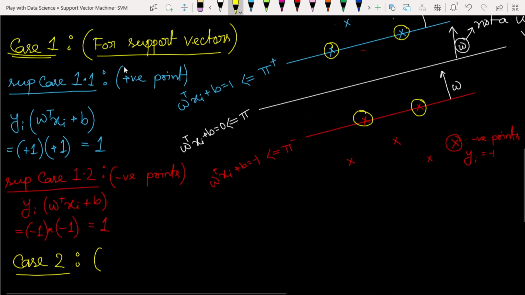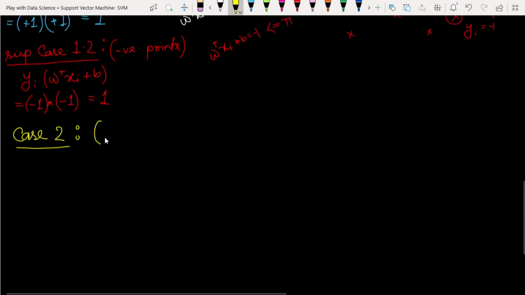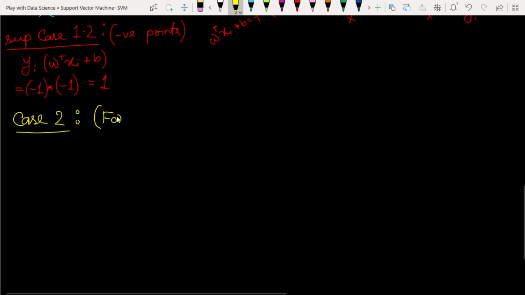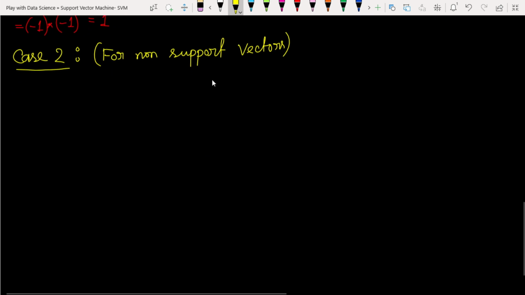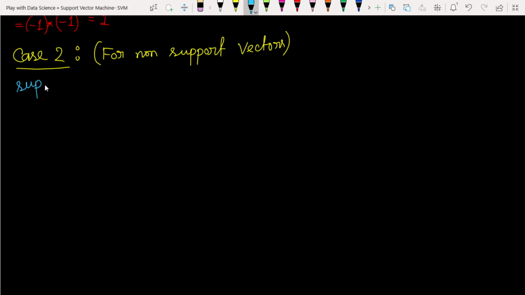Here we are now considering the non-support vectors. For non-support vectors, we also have two subcases.